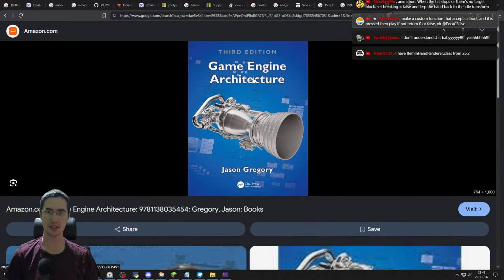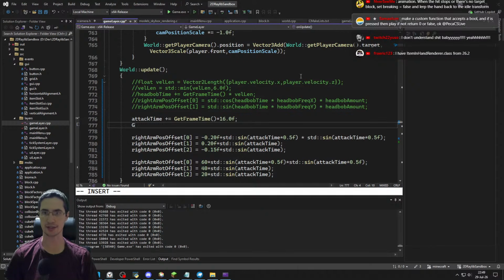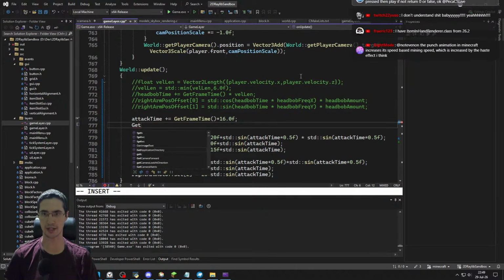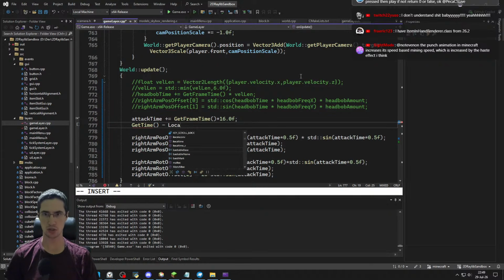In this book they talked about animations, and they did it with the global time and there was local time. So minus local time. And the local time, when we press the left click, becomes the current time. And this is how we get how much time has passed. And when this is more or equal than, let's say the animation is 4 seconds, we stop the animation.